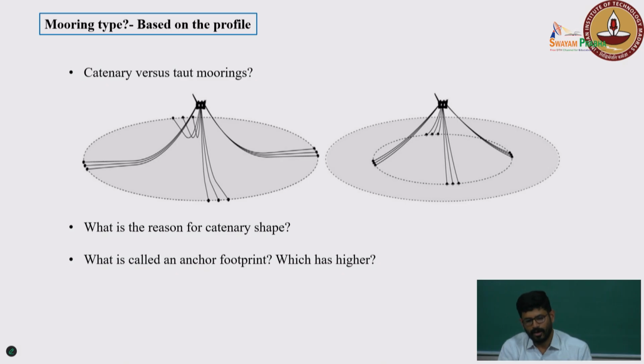Okay, so now there are a lot of new terms coming up: watch circle, anchor circle, right? And what has to be the composition of it, right? And how to choose all these things. So that is a question now, right? We have a lot of things to play with, right? And whether what you choose is a correct one or not, we actually don't know, right? We start with some physical parameters, then you go for iteration, then you say that it is satisfying all my requirements, right?